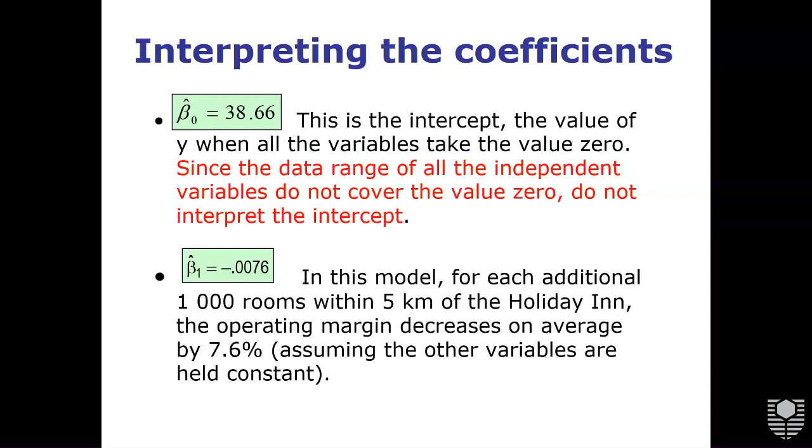So what they said in this model, for each additional 1,000 rooms within 5 kilometers of the Holiday Inn, the operating margin decreased on average by 7.6. This comes from 0.0076 times 1,000, right? Because the margin and the rooms are measured in 1,000s, right?